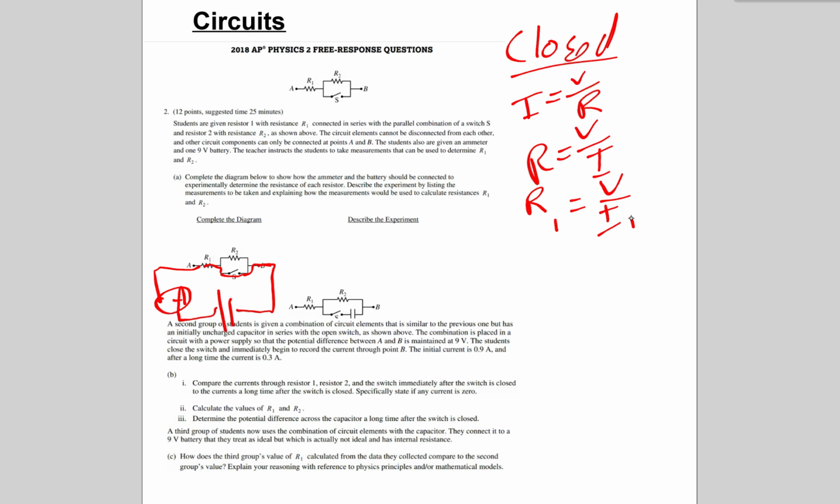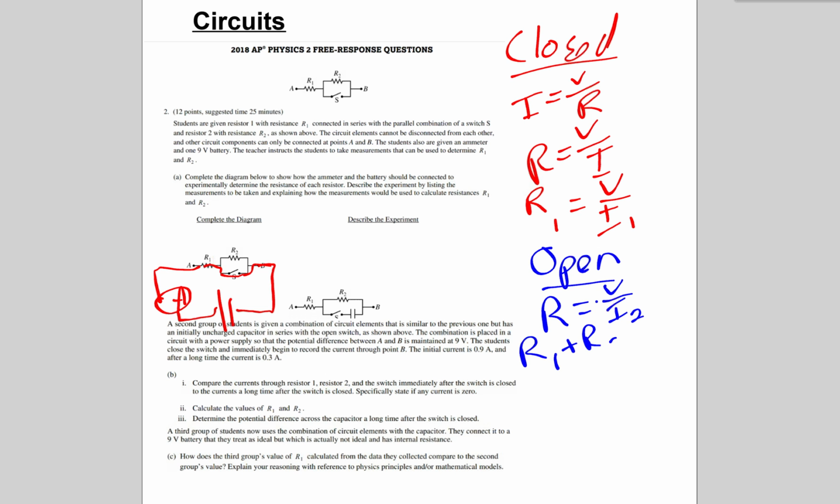Then you're going to do the experiment again, but this time we're going to do it open. Now we're going to do the same thing. So we're going to have R equals V over I2. But this resistance is going to be R1 plus R2.